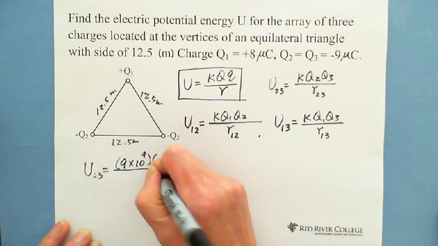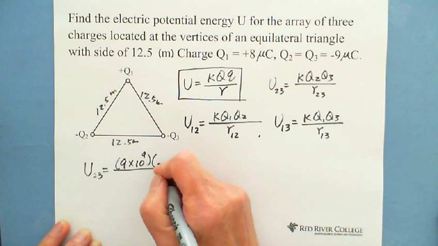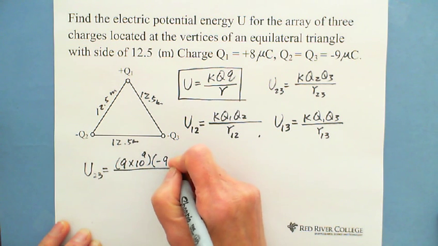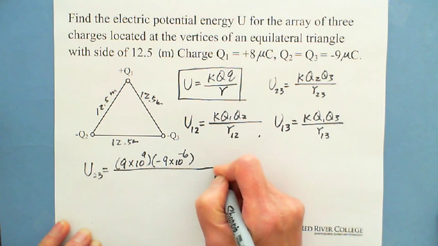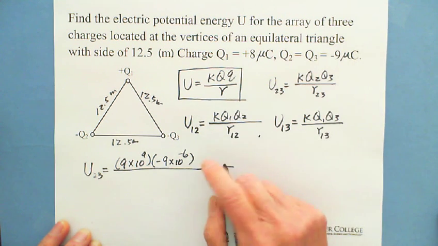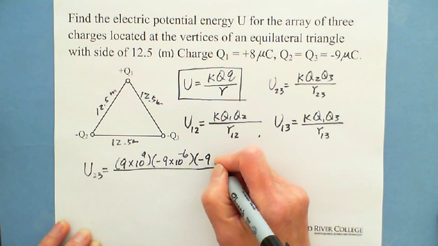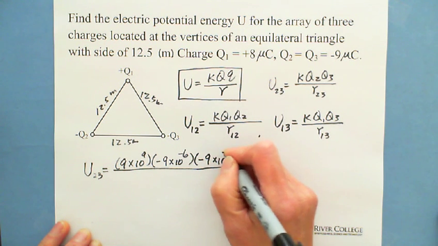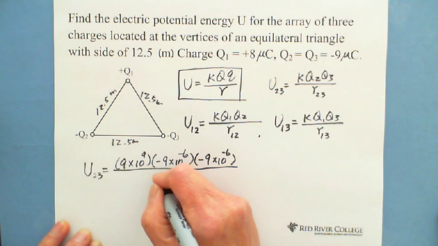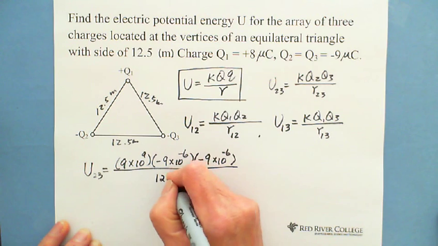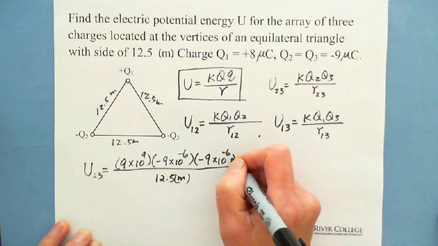Q2 is negative 9 times 10 to the negative 6 coulombs, because we need to convert microcoulombs to coulombs, and multiplied by Q3, also negative 9 times 10 to the negative 6 coulombs, divided by the distance between 2 and 3, which is 12.5 meters.